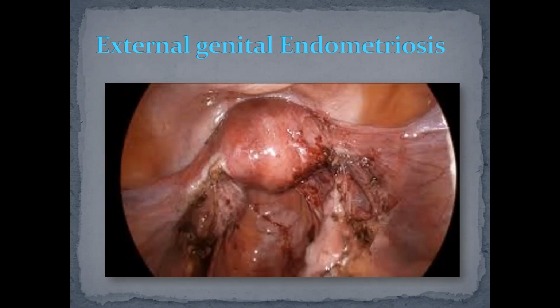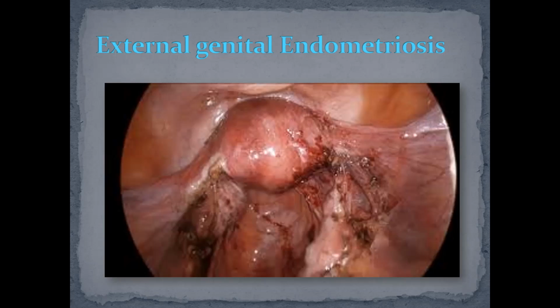And there are different theories that try to prove the origin of endometriosis, but we don't know exactly what predisposes to the development of endometriosis, but we know that endometriosis is a chronic and progressive disease.